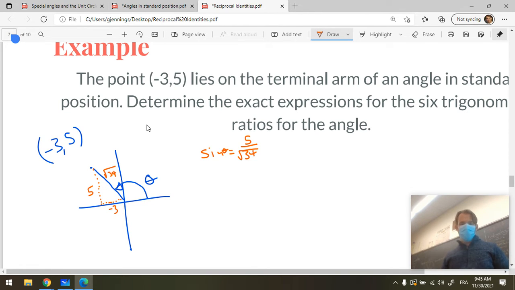Yeah, and then cosine of theta would be equal to adjacent over hypotenuse. So that would be negative 3 over square root of 34. And tangent of theta, well, that would be opposite over adjacent. The x value is always the adjacent side. The y value is always the opposite side. So it's going to be y over x for tangent, and that's 5 over negative 3.